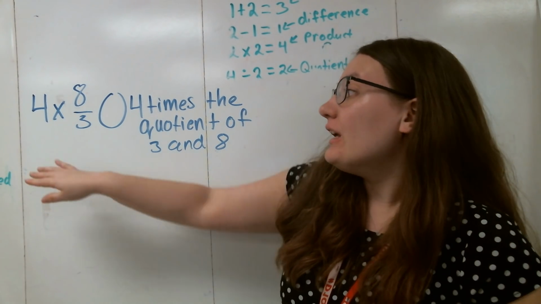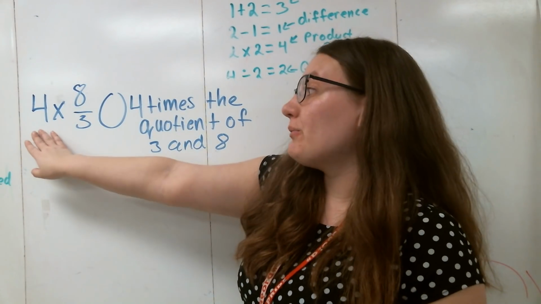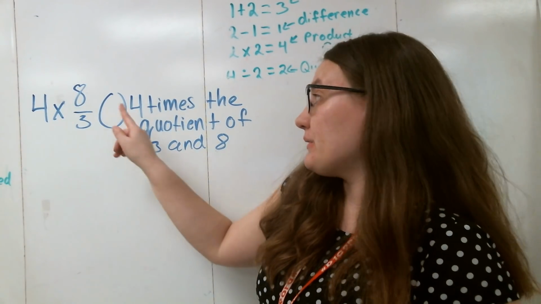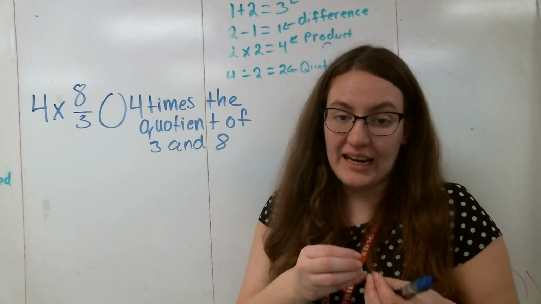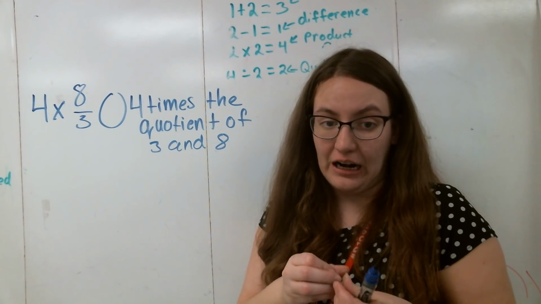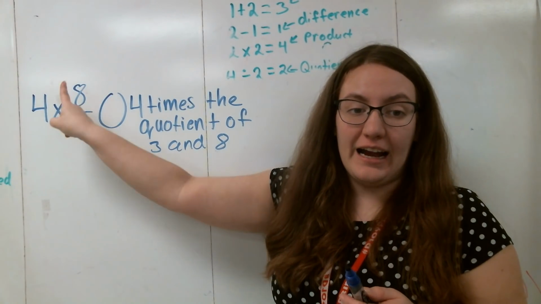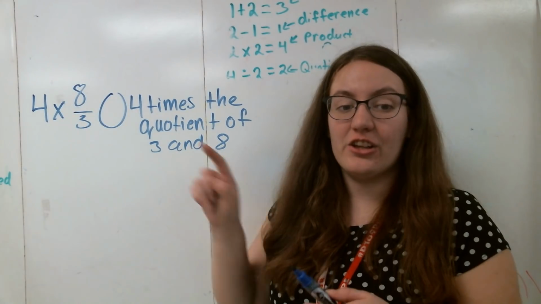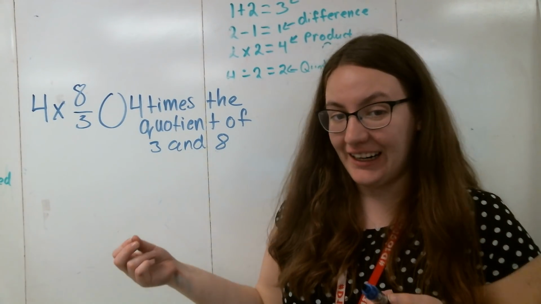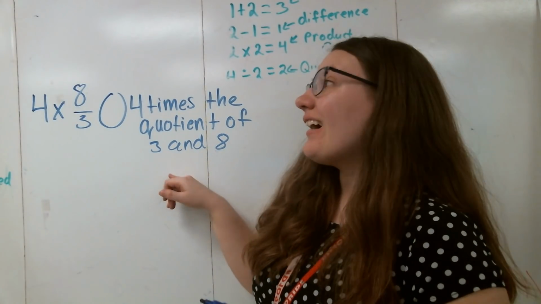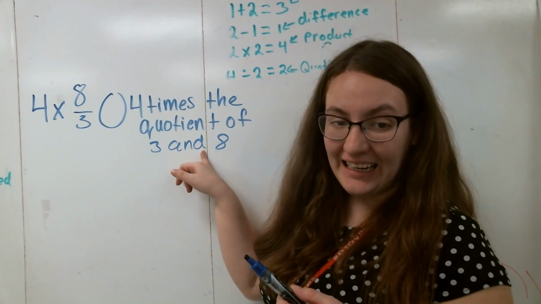So for example, when I look at this, I notice that both of these expressions are being multiplied by 4. So I have 4 times and I have 4 times. So that tells me that that part is going to stay the same. Nothing is changing there. But where things do change is my fraction. So here I have 8/3, or the quotient of 8 and 3, while over here, I have 4 times the quotient of 3 and 8.